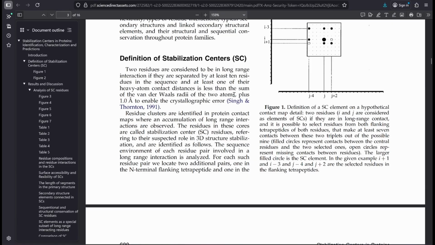So they have taken a slightly different approach to the consideration of the long range contacts. For example, they have given that one of the heavy atom contact distances should be less than the sum of the van der Waals radii of the two atoms plus 1.0 angstrom. That is the condition they have taken.